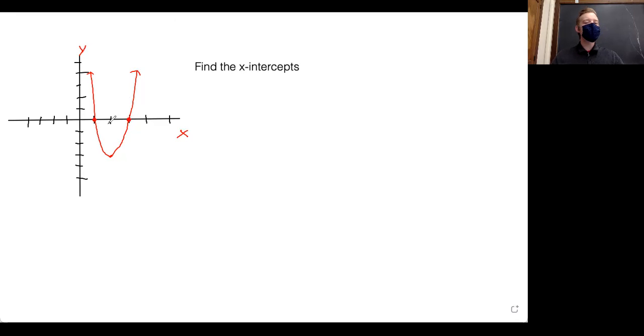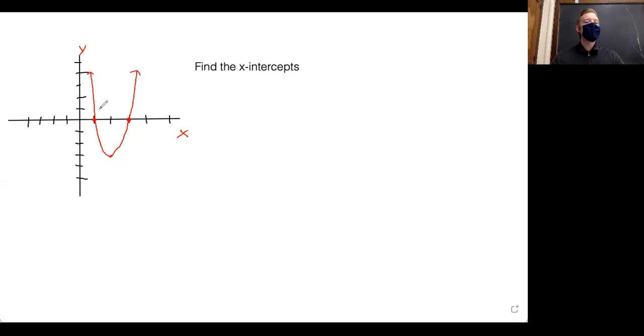So what are these two values? What are these two numbers where our graph crosses the x-axis? Well, if we count from the center to these points, we see that this first one is one space over.